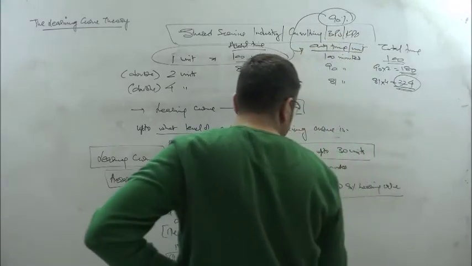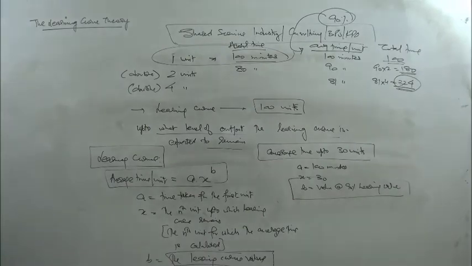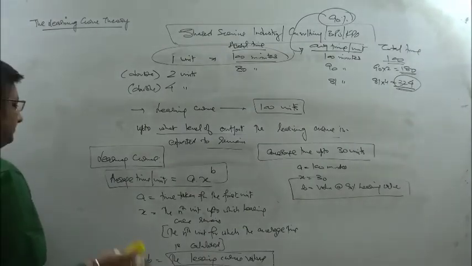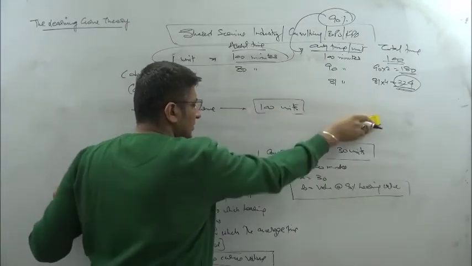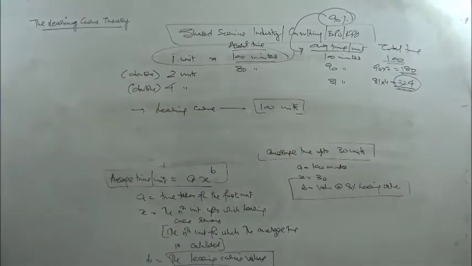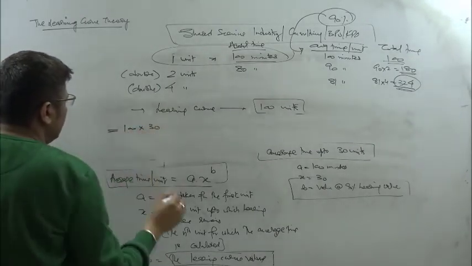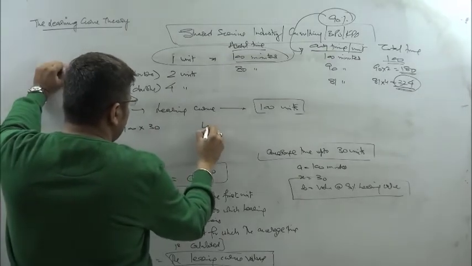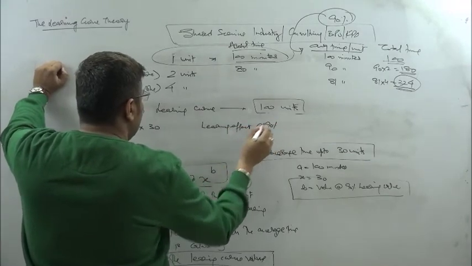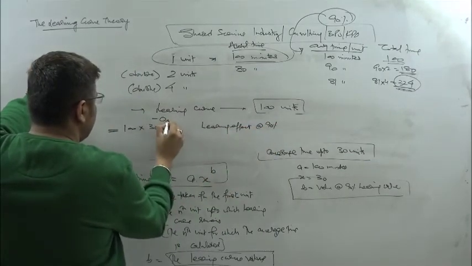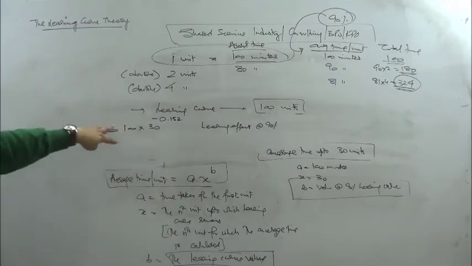All we are doing after this is just calculating those numbers. So the average time up to 30 units would be 100 multiplied by 30, and the learning effect at 90% would be a value of minus 0.152, for example.